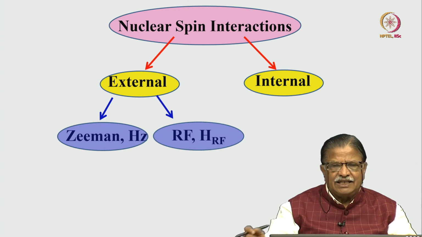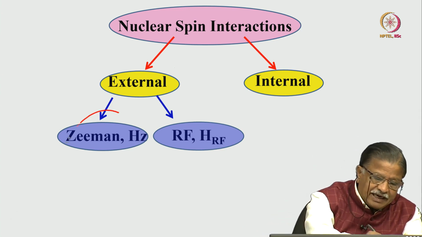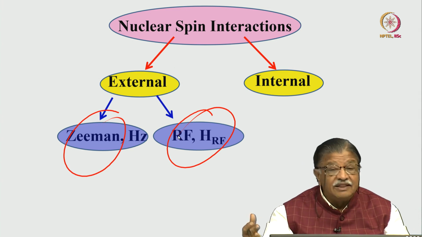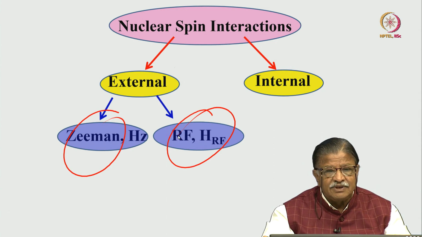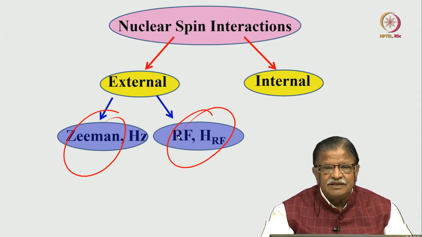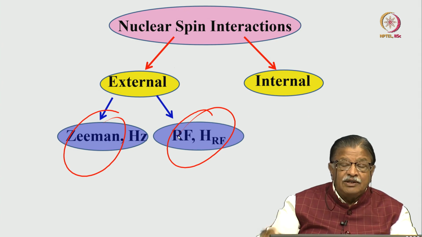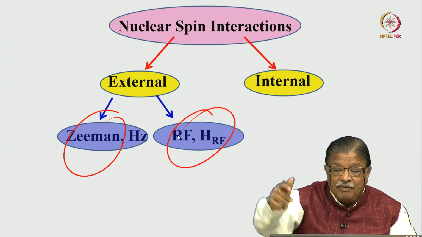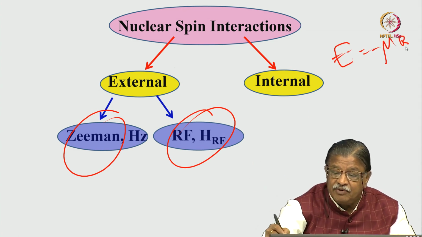The external interaction can again be two interactions: one is the Zeeman interaction, the other is the RF interaction. This we discussed extensively in the last couple of classes. What is a Zeeman interaction? You put the sample in an external magnetic field, and the nuclear magnetic moments interact with the external magnetic field. Remember, I calculated the energy E equal to minus mu dot B naught.